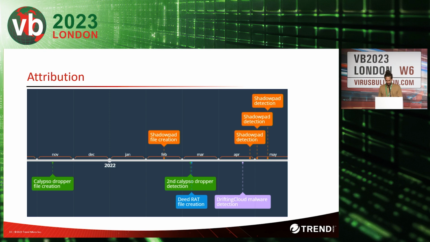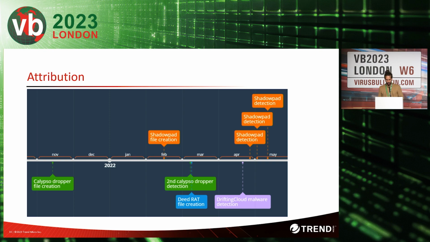The next day, DidRat appeared. So with this timeline, maybe the only connection that we could make is that DidRat could be connected to the Calypso threat actor. We actually give more details about this in the paper, but for this investigation it was irrelevant, though still interesting to see these kinds of links. Then the Drifting Cloud malware appeared 1 month later, and Shadowpad appeared again later.